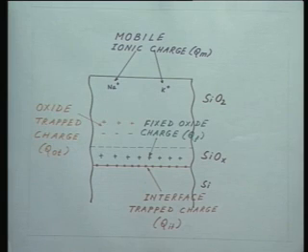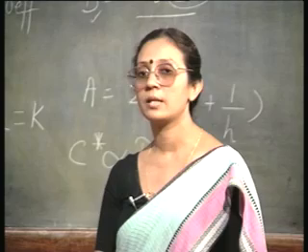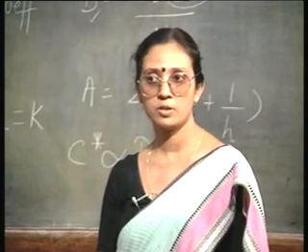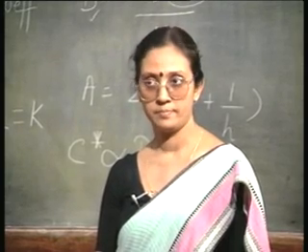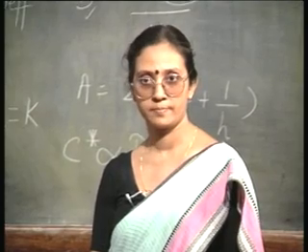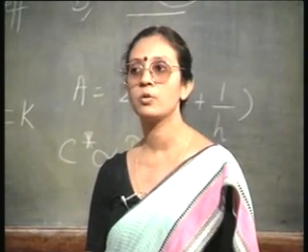I have mentioned the two most important mobile ions, sodium and potassium. And you know what are the greatest sources of this sodium and potassium? We, humans. You have to handle your wafer.